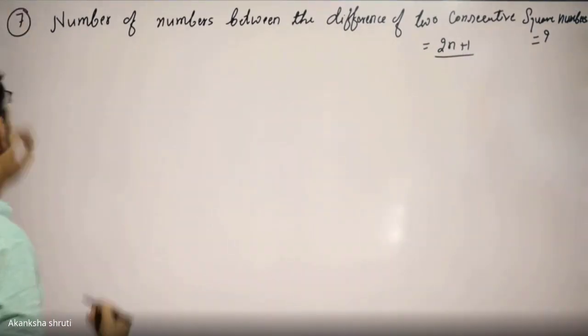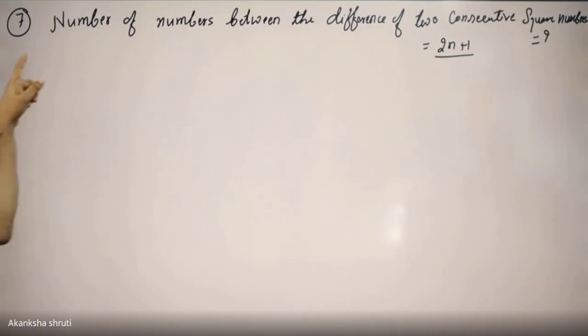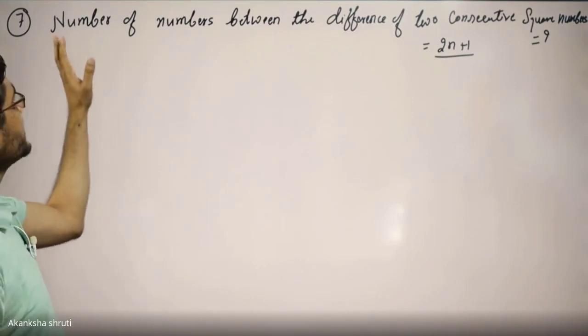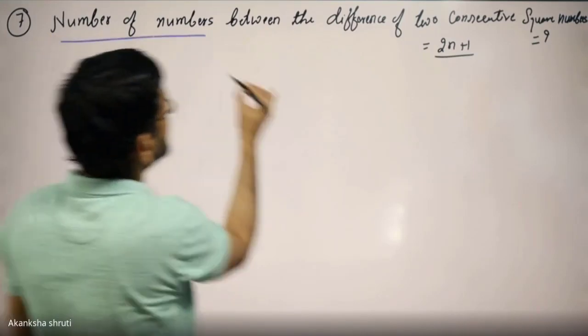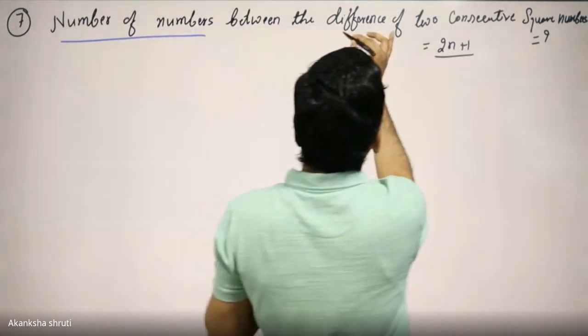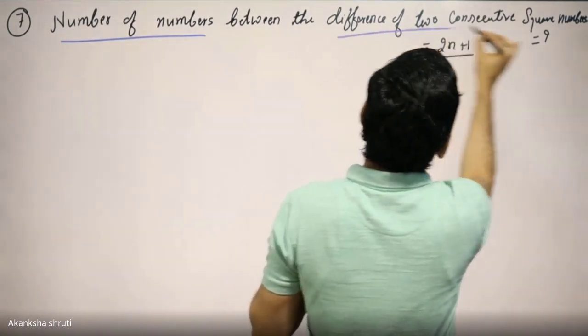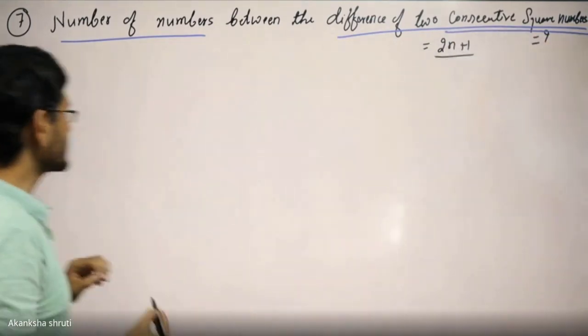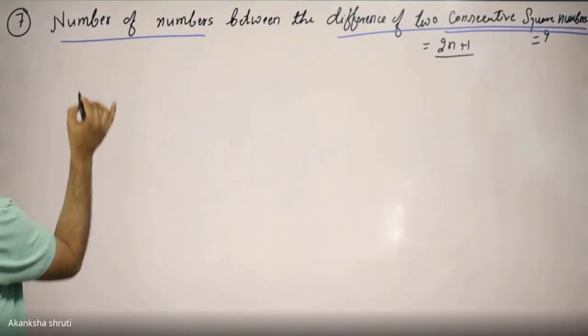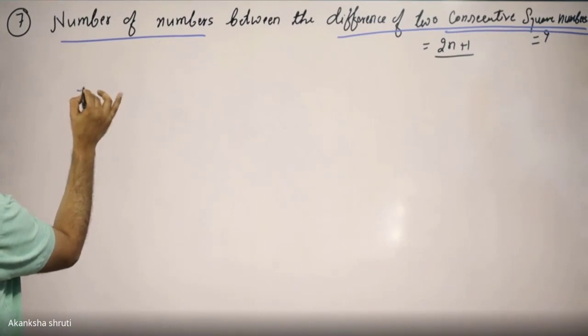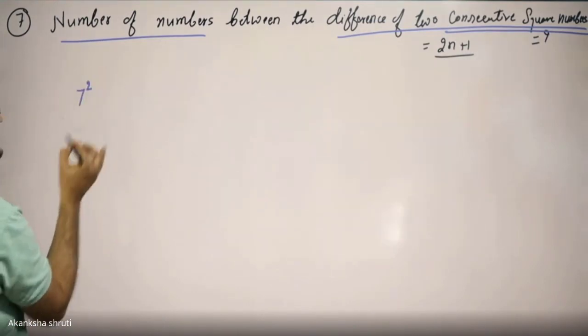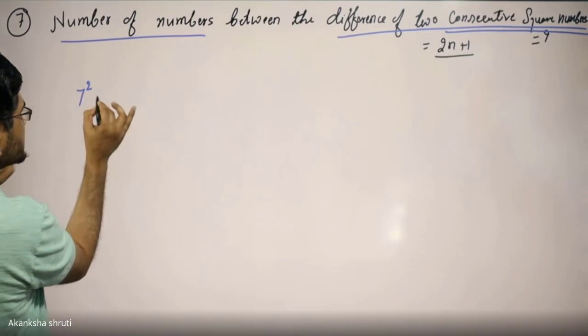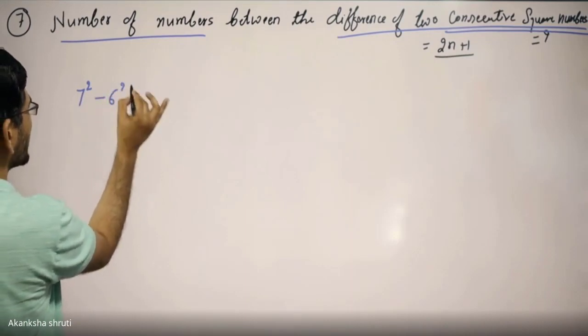Students, our seventh property is to find the number of numbers between the difference of two consecutive square numbers. Two consecutive square numbers could be, if we are taking one as 7 square, just take the other number below 7, that is 6 square.